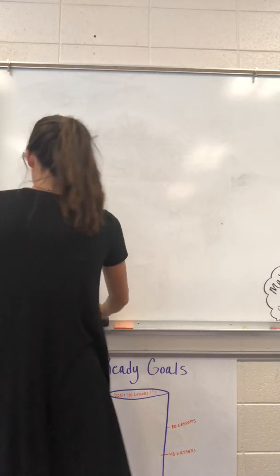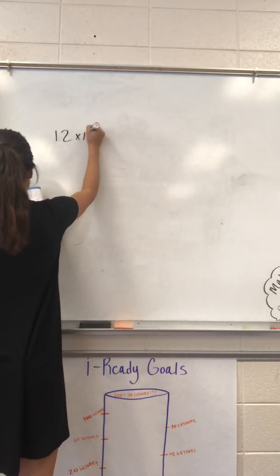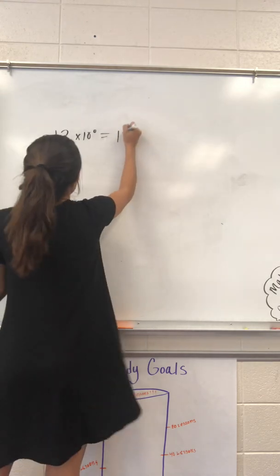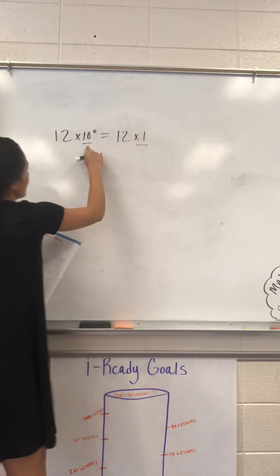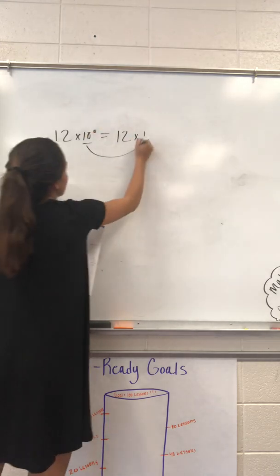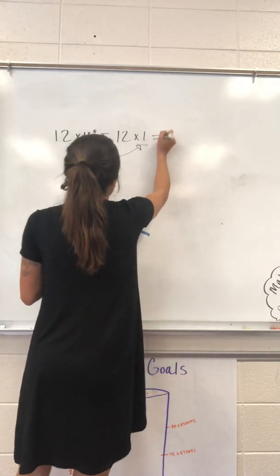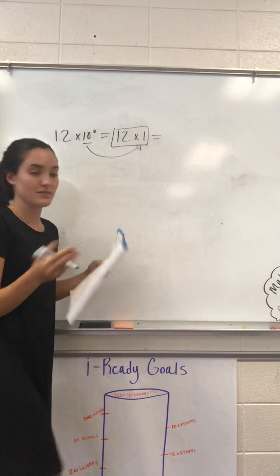So that will help you on this. So we've got 12 times 10 to the power of 0 is the same thing as 12 times 1. So what we're doing is we're going to go ahead and solve for this, and that's what gave me 1. And then after you do that, you're going to solve 12 times 1, and 12 times 1 is 12.